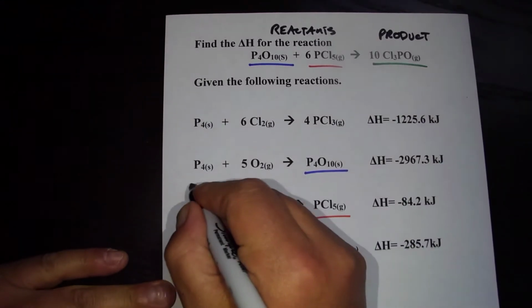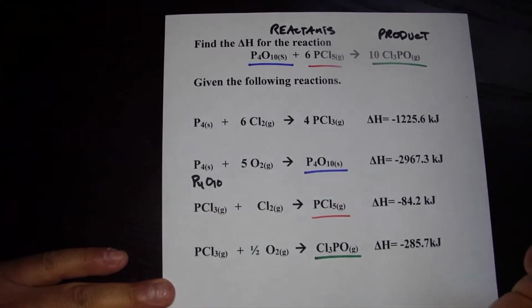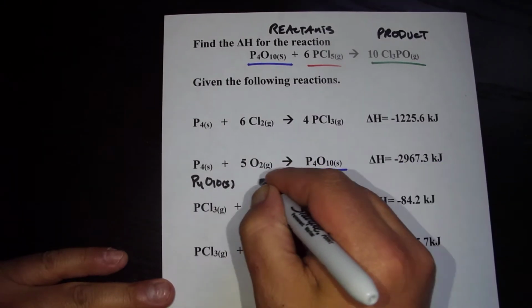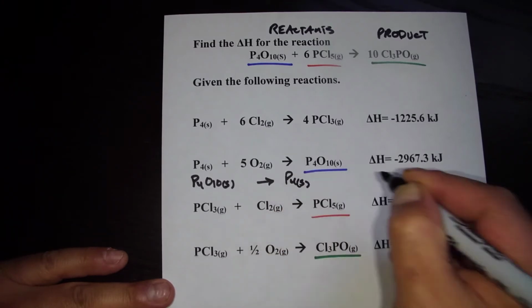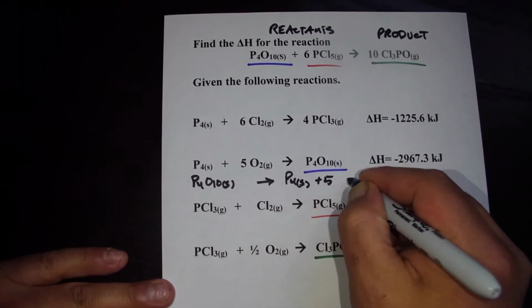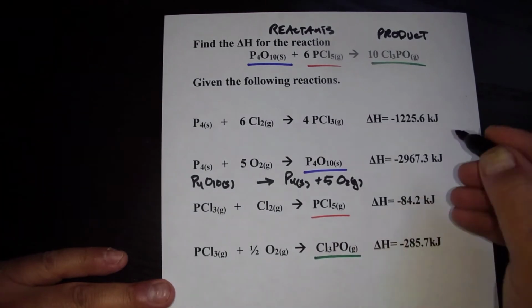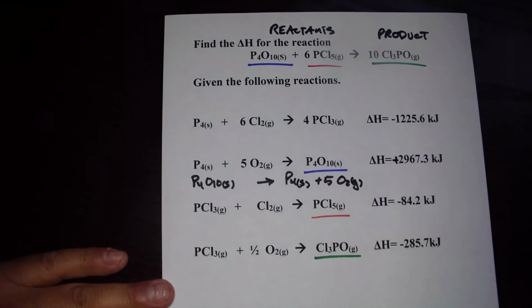So I'm going to go P4O10, and I should probably put them in, might as well. I'm going to reverse it back the other way so that they match up to be on the same exact side as one another. And when you do that, you now have to reverse the sign on this, so I'm just going to turn this into a positive.